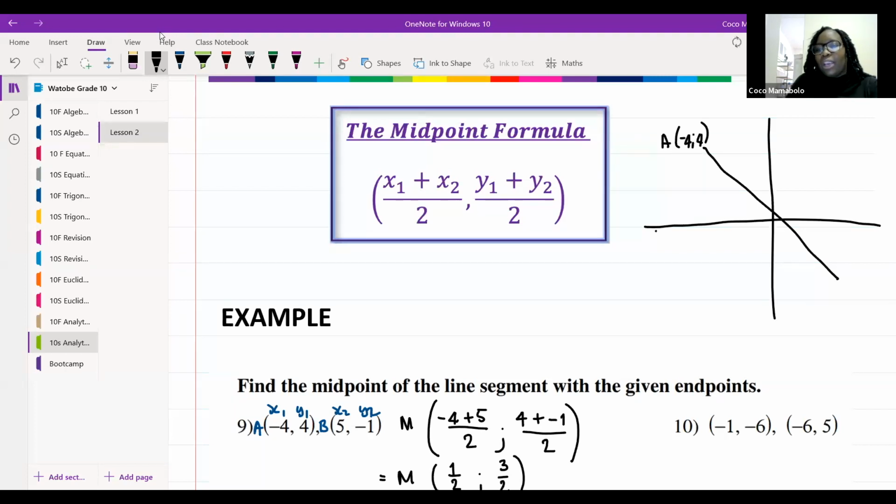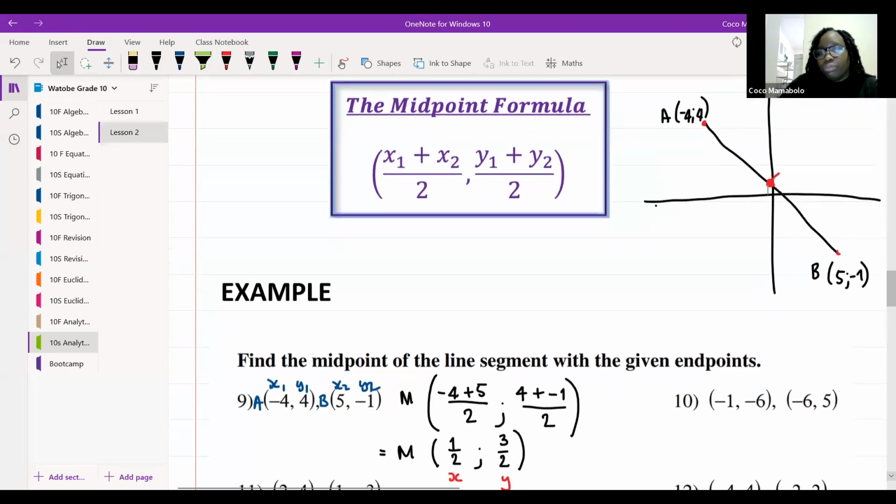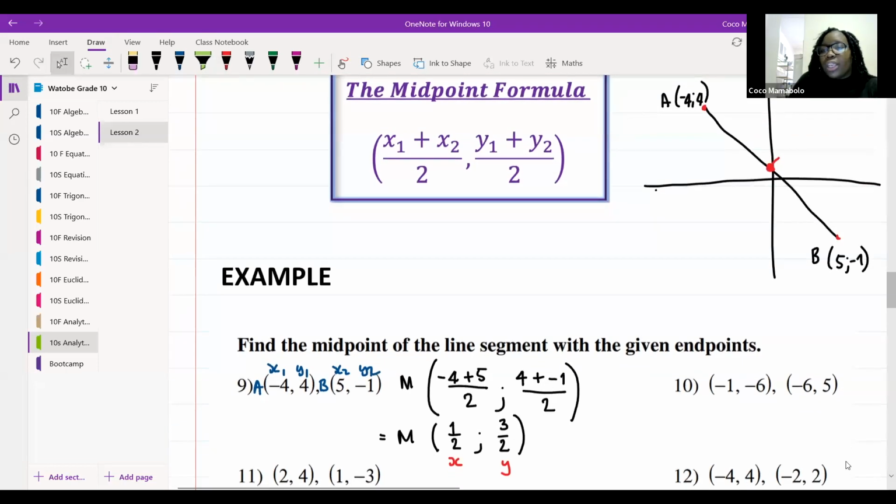And point B over here, B is 5 and -1. The point smack dab in the middle of this line AB is the point we just calculated. The coordinates of this point M are 1/2 and 3/2.